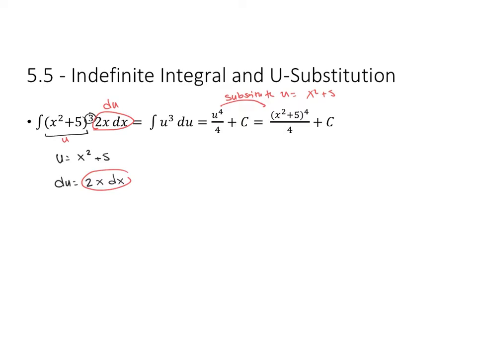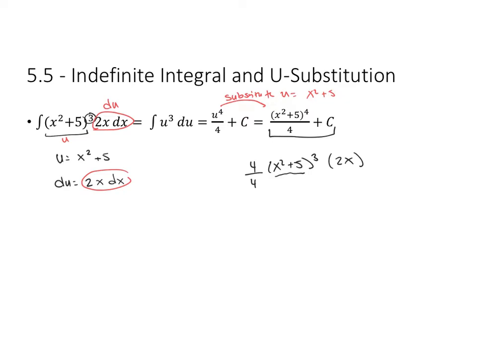Now this might seem pretty complicated, but I think the more you do this, the more you're going to get the hang of it and see that it's not that difficult. So just to prove that we've done it correctly, let's take this and take the derivative of it. Hopefully you notice this is a chain rule, so the 4 will come down, and we have x squared plus 5 to the third power, and then I multiply by the derivative of the baby, which is 2x.